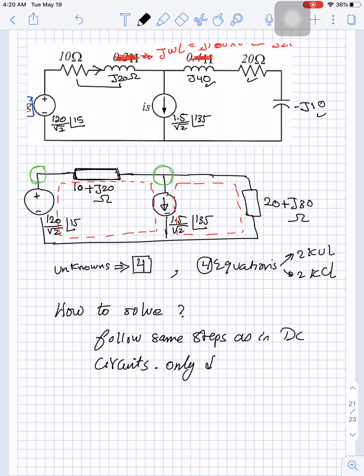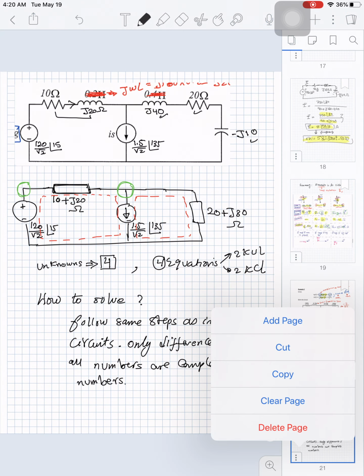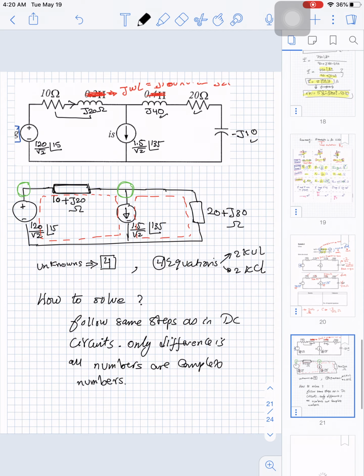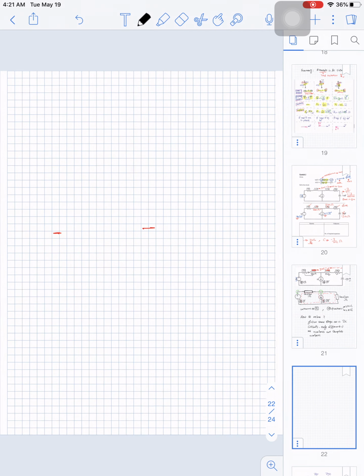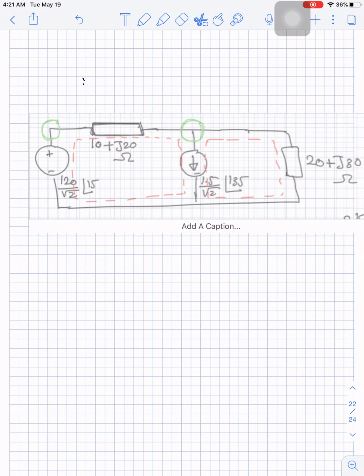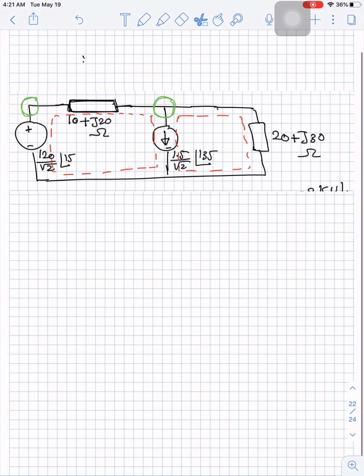The only difference is all numbers are complex numbers.